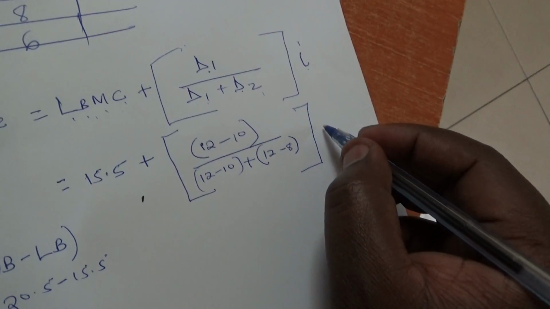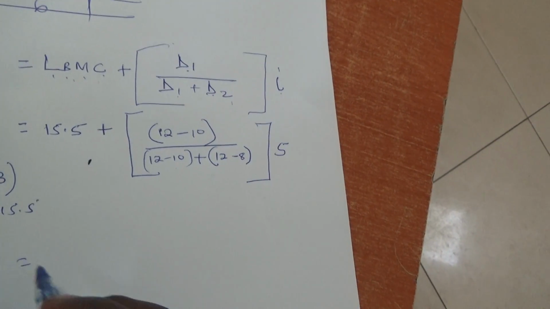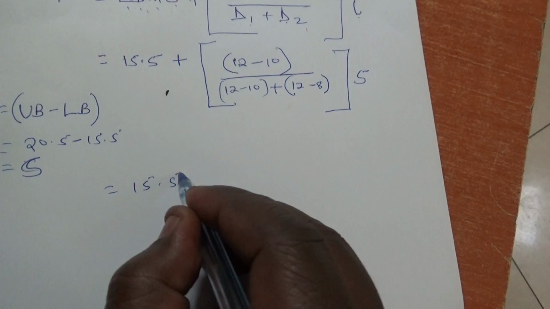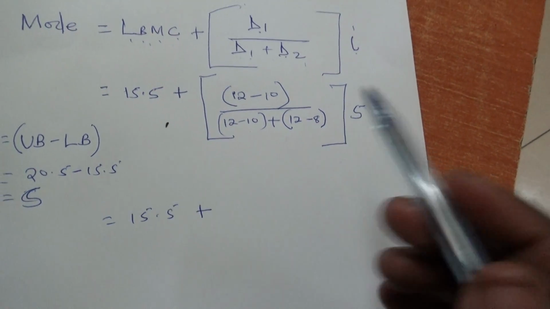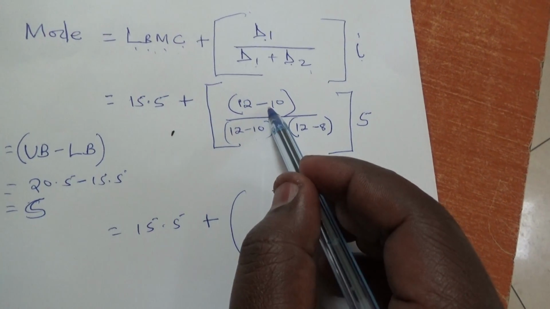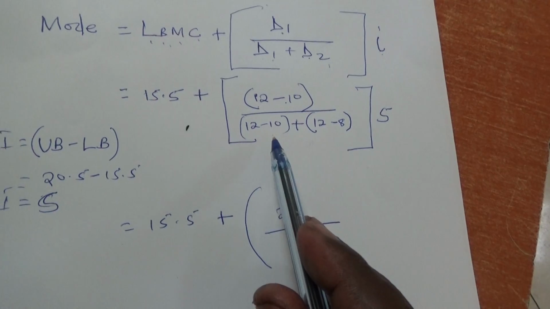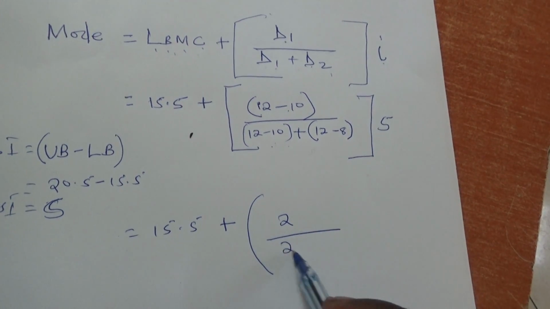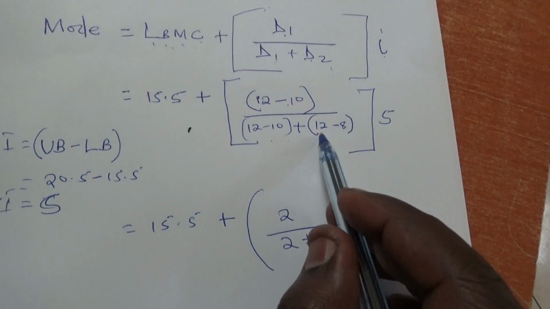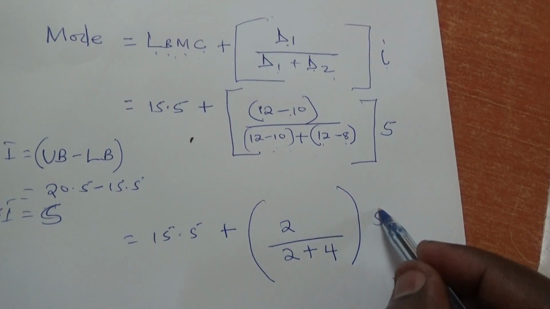So here is 5. So the mode is going to be 15.5 plus 12 minus 10 is going to be 2, divided by 12 minus 10 is 2, plus 12 minus 8 is 4. Okay, times 5.